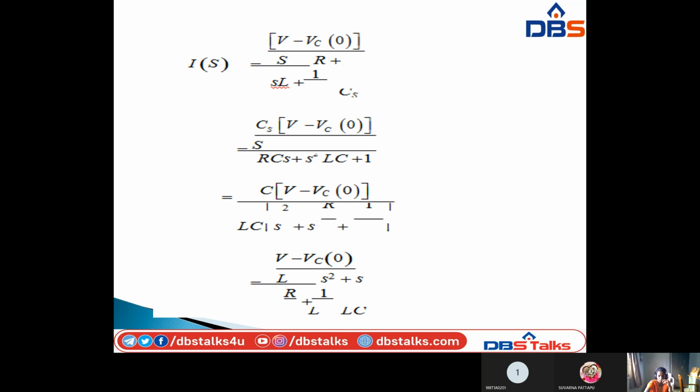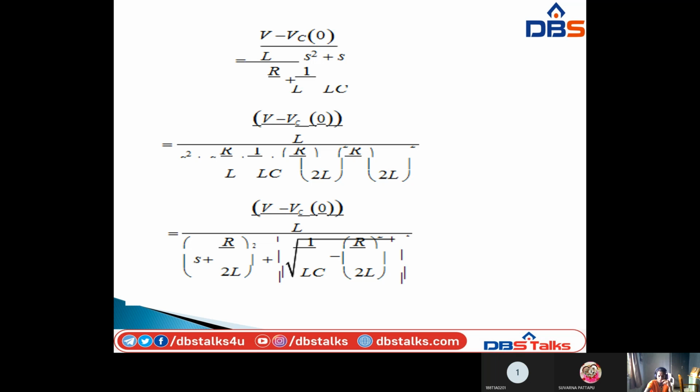So V minus Vc of 0 by L, over S square plus R by L S plus 1 by L C. So V minus Vc of 0 by L over S square plus R by L S plus 1 by L C.